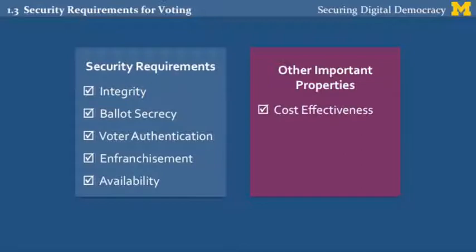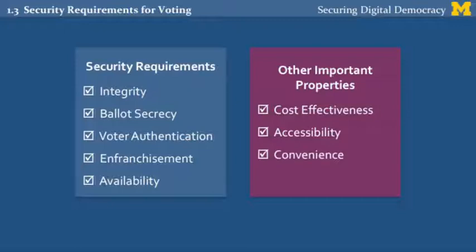We don't have unlimited resources to spend on our voting systems, so certain engineering trade-offs are going to be necessary. Another is accessibility. We want to make sure that voters who are physically disabled or blind or nearsighted or illiterate can all participate in the process. This is an important social value in many countries.